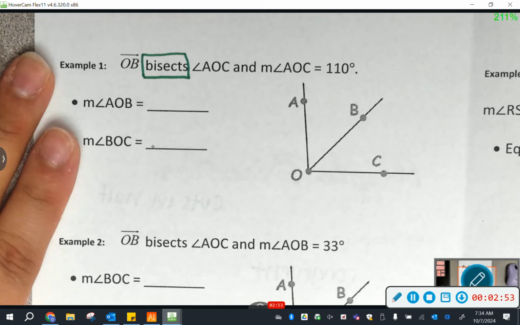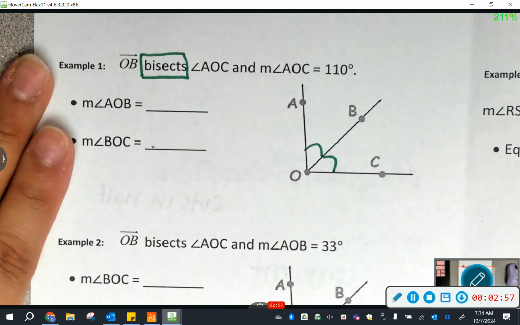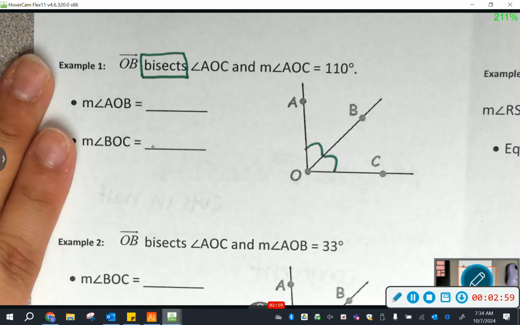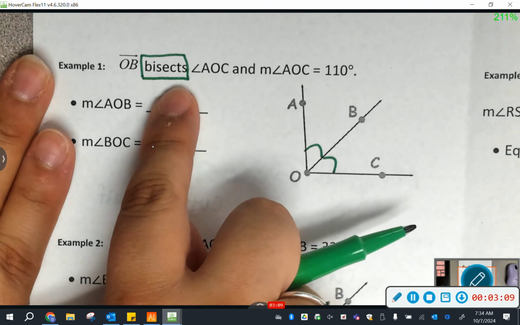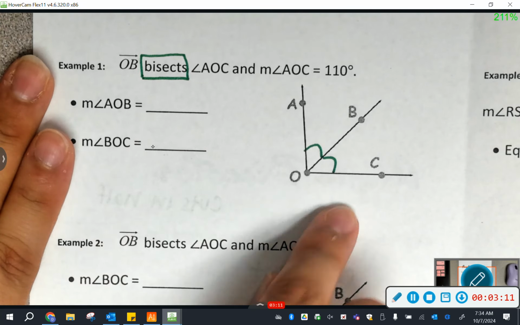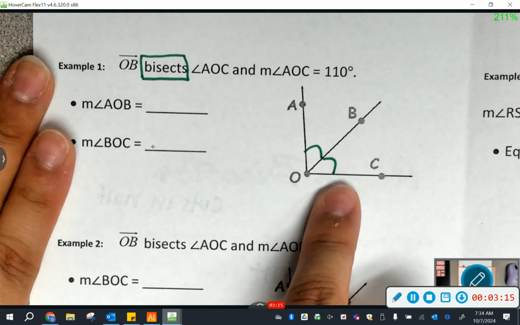When you see this word bisects, you can automatically add your arches to each side or each angle. What does that tell you? It's cutting it in half. They're going to be the same. Remember how last time we saw the word midpoint, we did the ticks? This time you see the word bisects, you can do the arches.